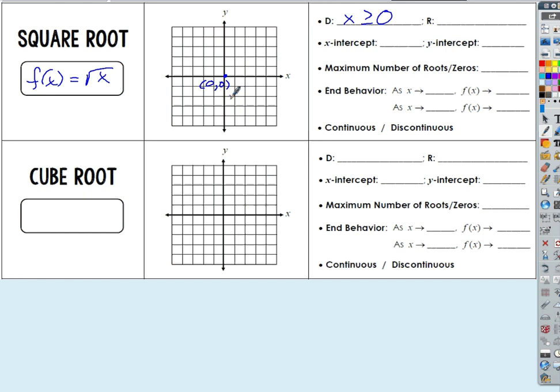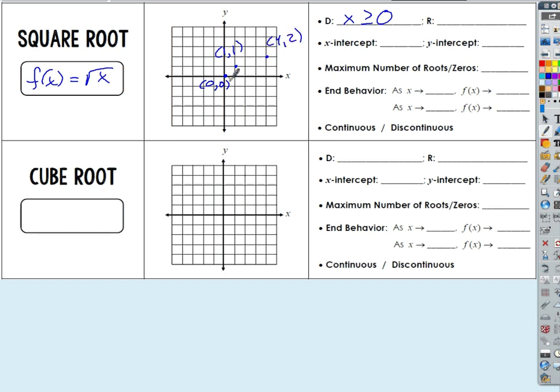What's y? 1. Square root of 1 is 1. So we're going to have a point up here at (1, 1). And what would be the next convenient point for us to use? If I put in 4 for x, I'm going to get what back for y? 2. Square root of 4 is 2. So we'd go over 4 and up 2.